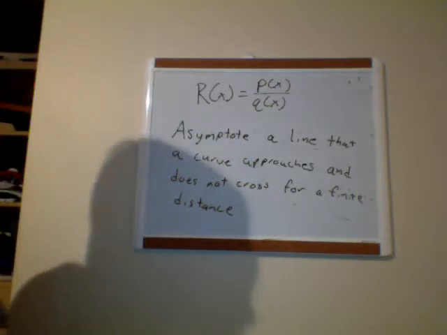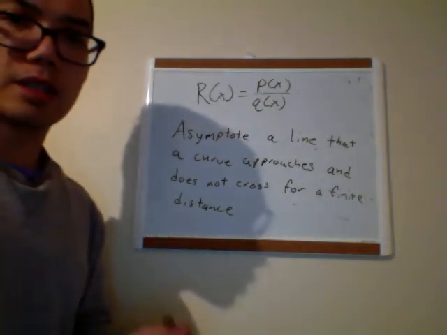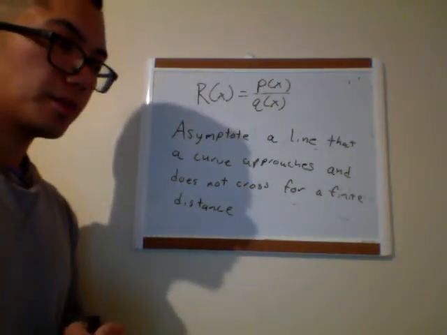Okay? It's a line that a curve approaches and does not cross for a finite distance.